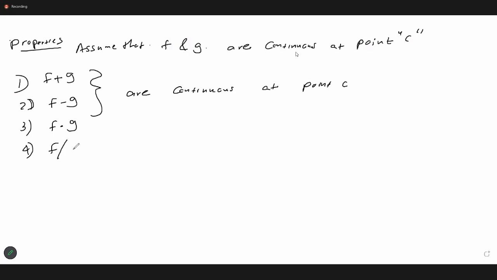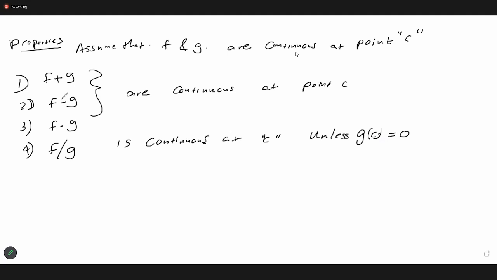Fourth one, what about the f over g? This one also is continuous at point C, but we have to write down this unless g(c) equals 0. f over g is also continuous. f over g කියන එකත් continuous කියලා කියන්න පුළුවන් දෙන ලද point එකකදී, c කියන point එකදී, but ඒ වෙලාවේදී g(c) කියන එක බිංදුව වුණොත් එතකොට f over g continuous වෙන්නේ නැහැ. මොකද denominator එක 0 වෙලා එතන define වෙන්නේ නැහැ මේ f over g function එක. එහෙම වෙන්නේ නැතිනම් පමණක් f over g එකත් continuous කියලා මේ property එකේ කියනවා.